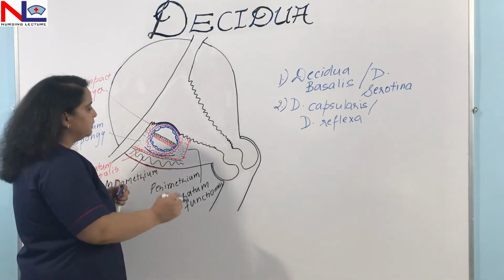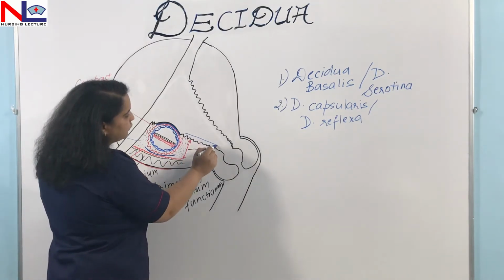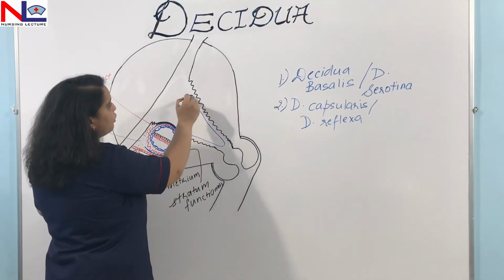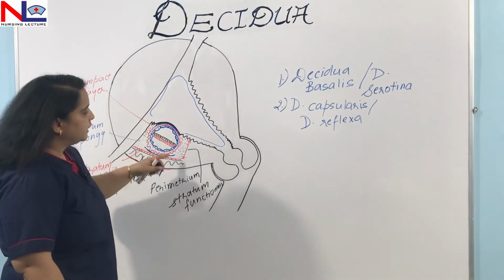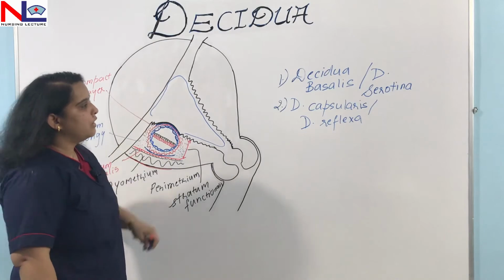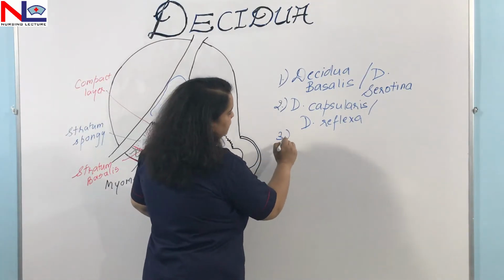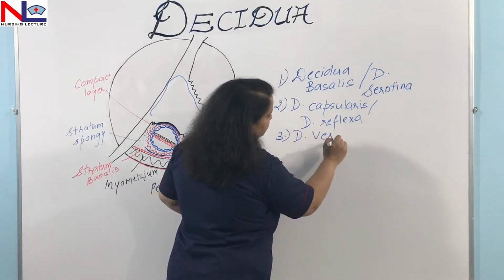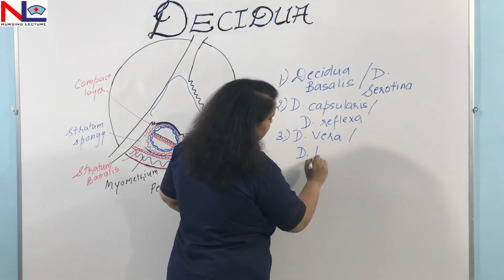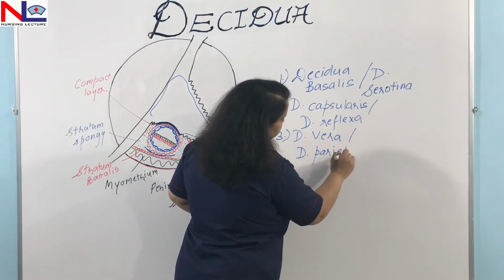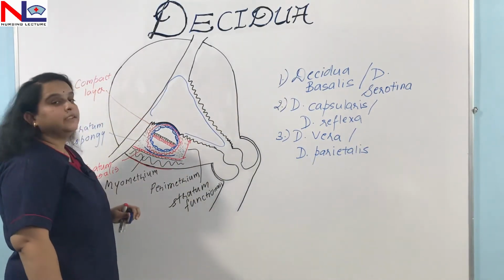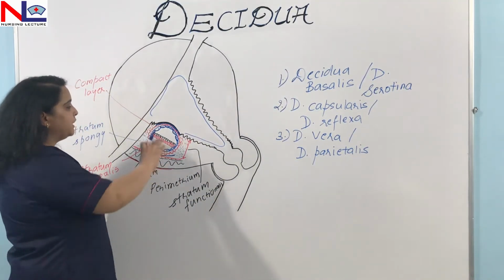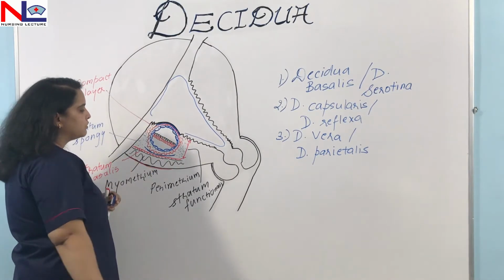Now the third part is the non-involved part. This whole part of the decidua which is not involved in the implantation is called the decidua vera, or decidua parietalis. So these are the three areas of the decidua depending on its contact with the blastocyst.